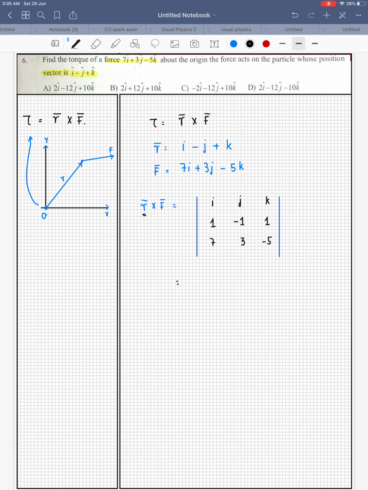So i into (-1 into -5 minus 1 into 3), so this becomes 5 - 3. Now we write minus j into (1 into -5 minus 7 into 1). 1 into -5 is -5, minus 7 into 1 is 7.